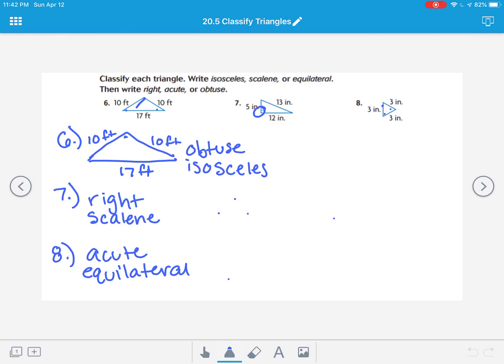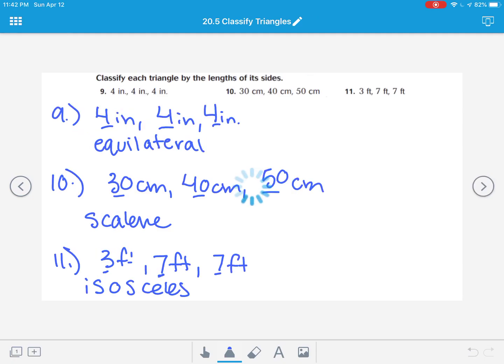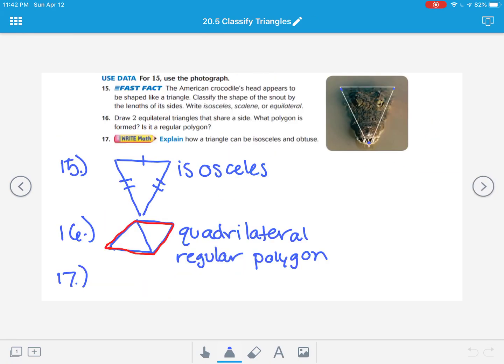Oh yes, number 6 was like that. Do you see how the top two were the same length and the bottom was longer? Having that be a lot longer than the two sides will make the angle where they meet obtuse. So let's try that on number 17.